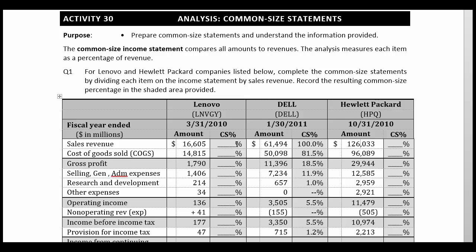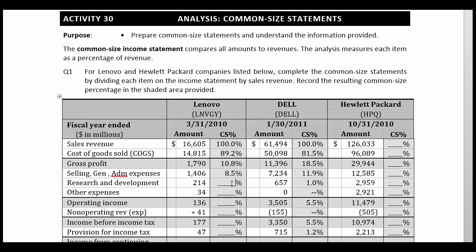So for example, Lenovo's sales revenue, 16,605, divided by itself is going to be 100%. 14,815 divided by 16,605 is 89.2%. 1790 divided by 16,605 is 10.8%. 1406 divided by 16,605 is 8.5%.